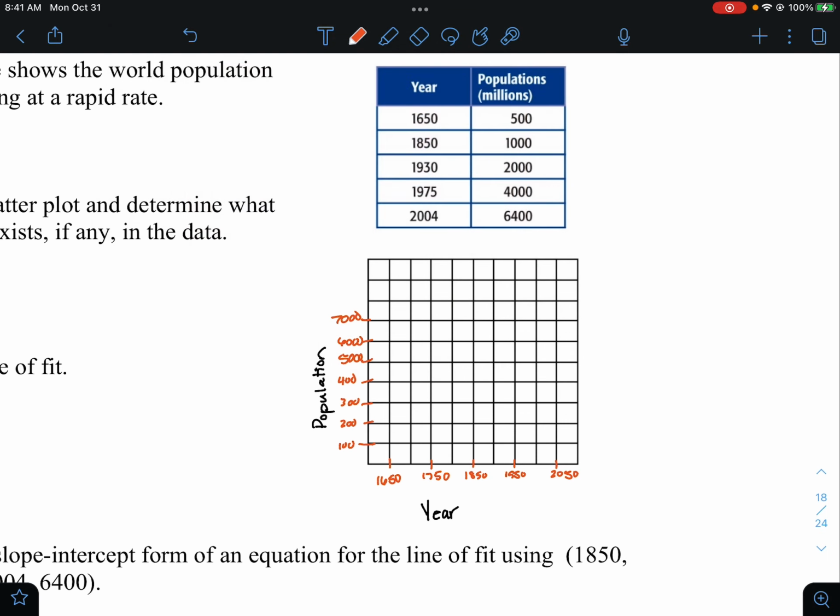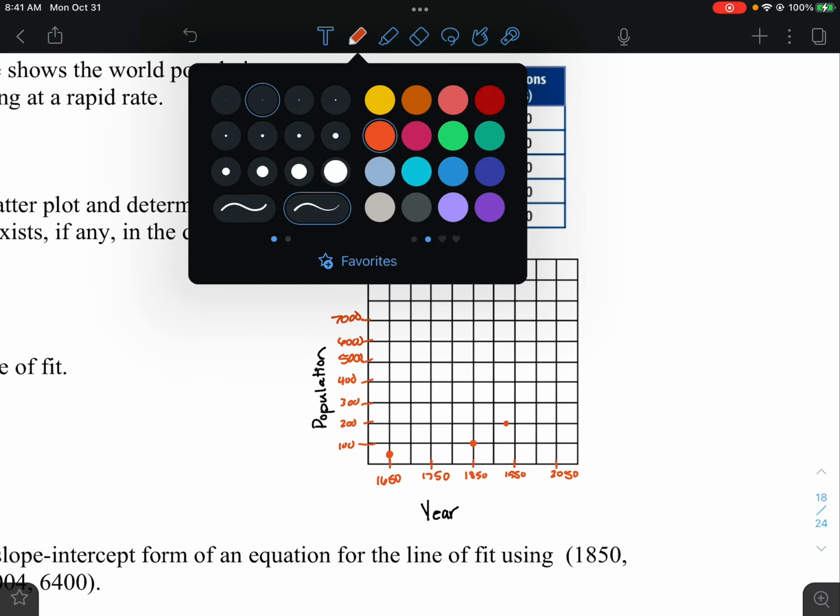So these are going to be a very rough estimate. So 1650, 500, we'll go about there. 1850 is at 1,000. 1930 was about there because it would be 1900. So 1930 goes up to 2,000, which I just realized I missed a 0.